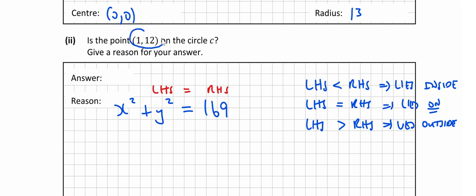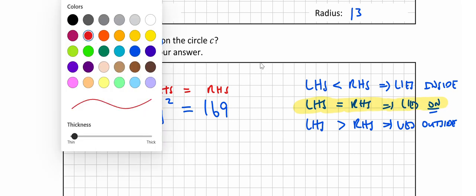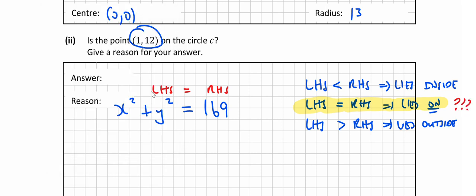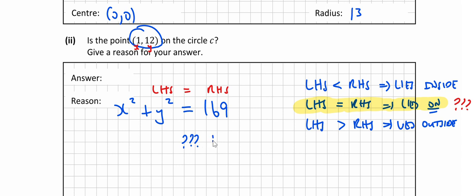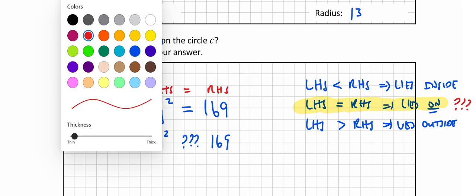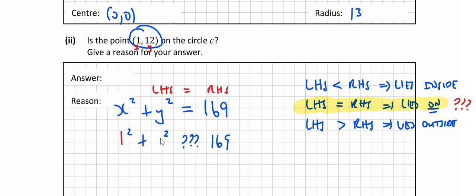We're checking now, is the point (1, 12) on the circle? We're only interested in this equation to check if it's on it. It mightn't be on it, but we want to check. So what we're going to do is sub in 1 for x and 12 for y. We're going to get, with a question mark, 169 equals 1 squared plus 12 squared.